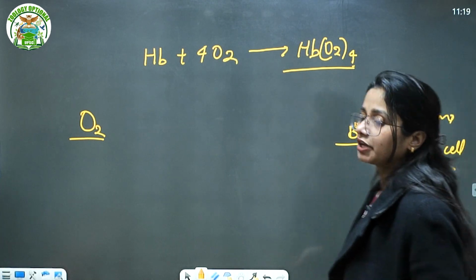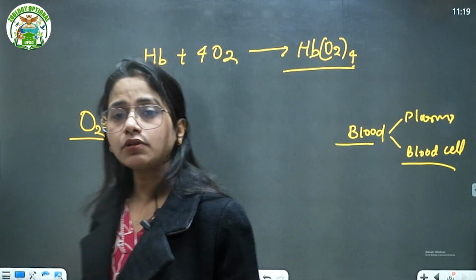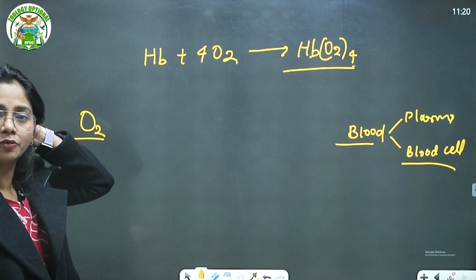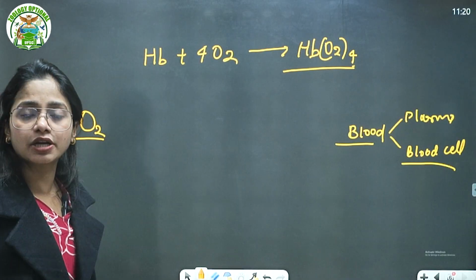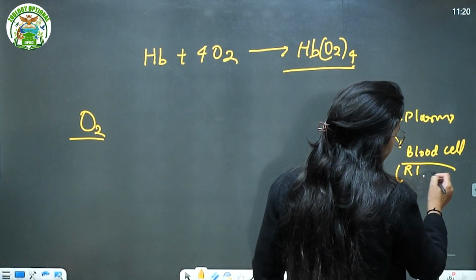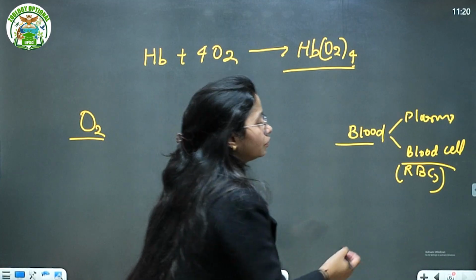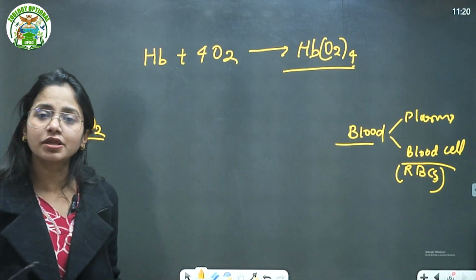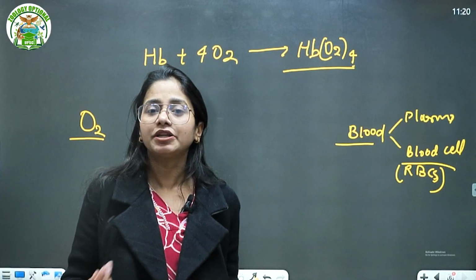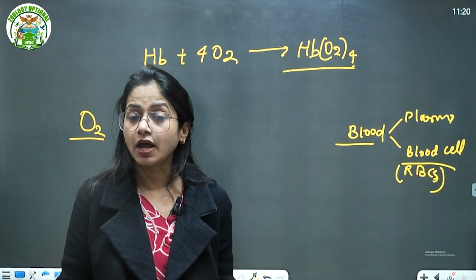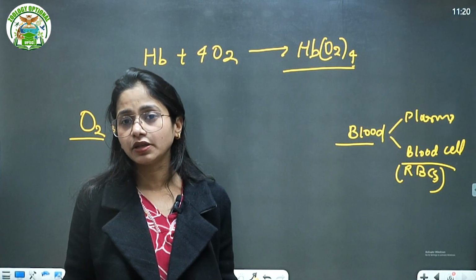So we started with the hemoglobin, but actually not 100% of oxygen is bound with the hemoglobin or the blood cell. What is hemoglobin? Hemoglobin is present in your erythrocytes or the RBCs. So that means we have simply talked about RBCs. But before that, we need to know a little bit about plasma. What is the major constituent of the plasma? The major constituent of the plasma is simple, around 80% water. But oxygen is not soluble in water.